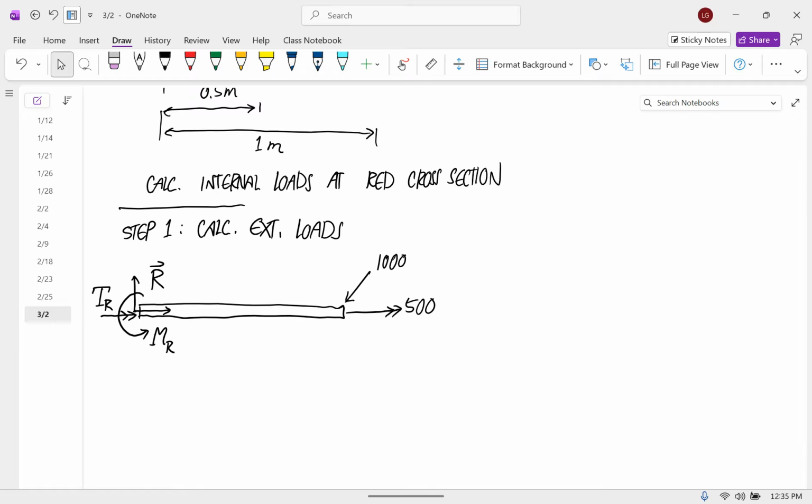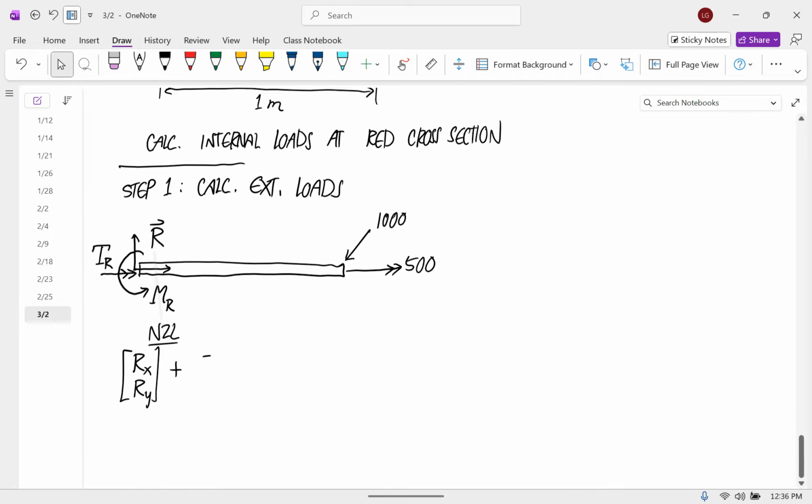And so now I'm going to go Newton's second law. The forces, we have Rx, Ry, plus negative, that force is 1,000.